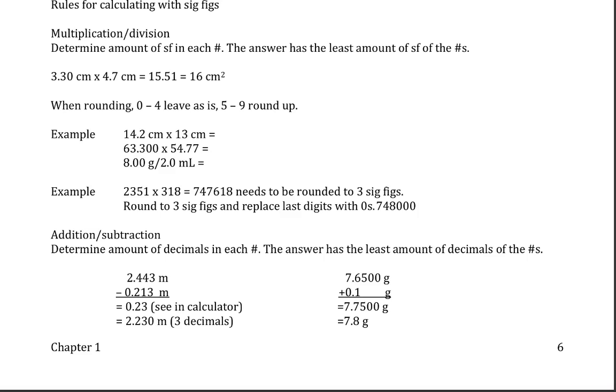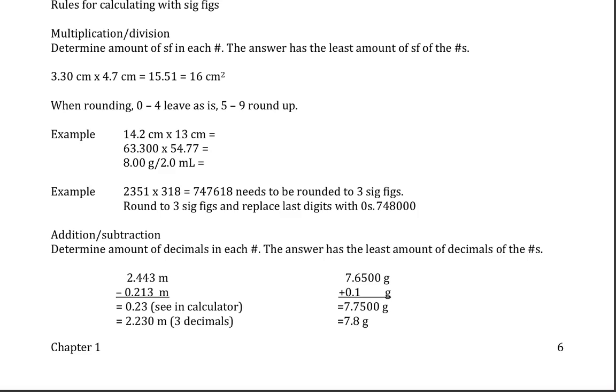Our next example is if we were multiplying the two measurements 2351 and 318 together on our calculator, we would, for example, see 747618. But we see in our measurements that we have to round that number to 3 sig figs.